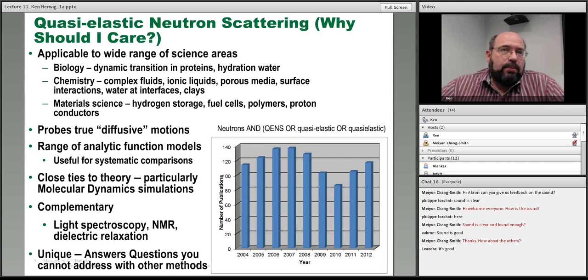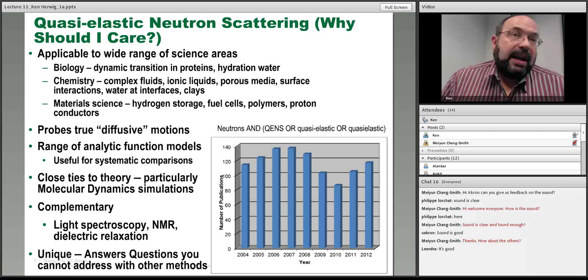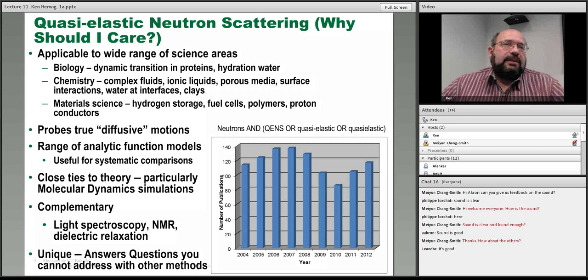It does probe true diffusive motions. It's looking essentially at an ensemble average across your sample of all the atoms that are present, looking at how they're moving. And so for samples in particular that contain hydrogen, you're often dominated by the scattering from the hydrogen itself. One of the things that I really like about quasi-elastic scattering is that there's a range of analytical functions that can be used to interpret and provide a framework for understanding your data.